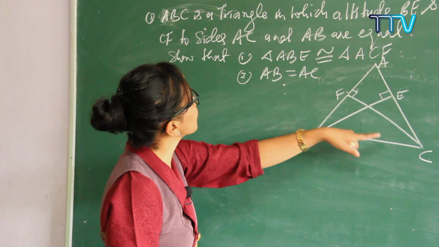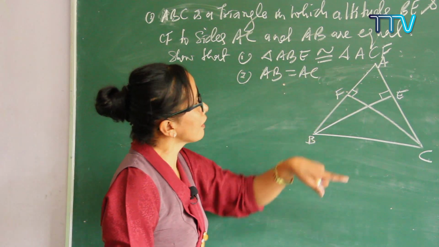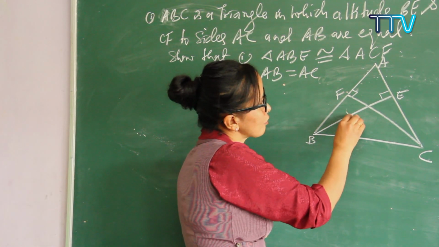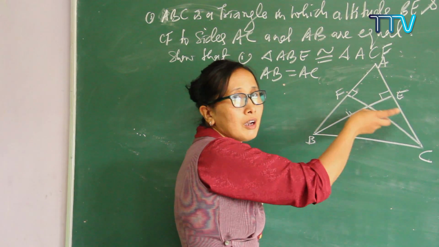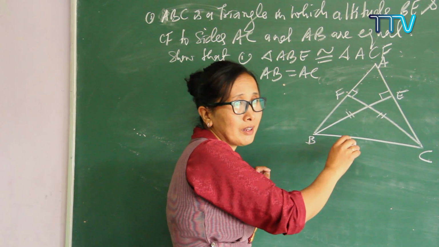The altitudes BE and CF on sides AC and AB are equal. So this altitude BE and this altitude CF are equal to each other. Two heights are equal to each other. That is given. Understood?